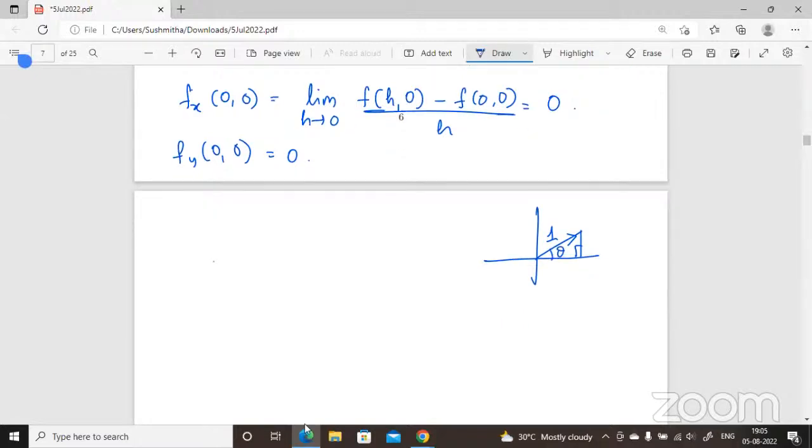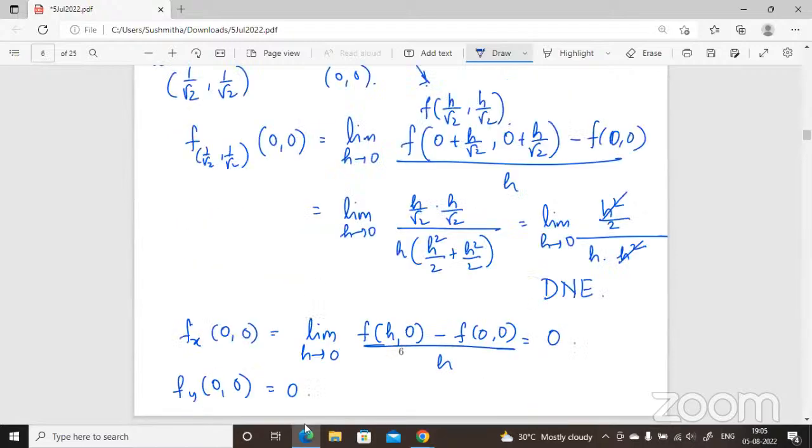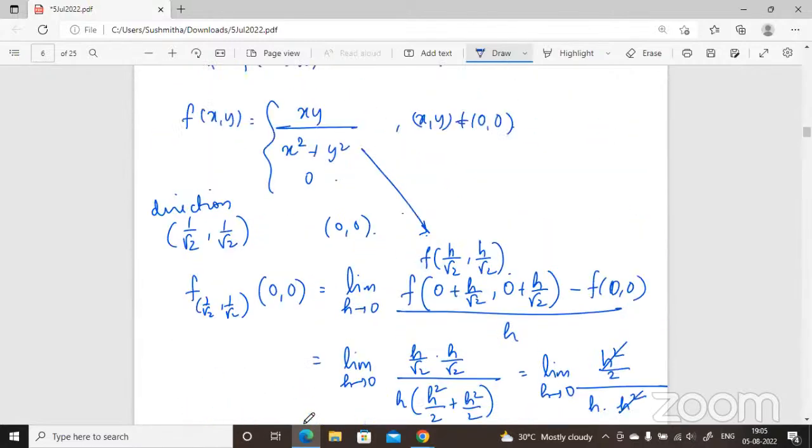Madam, on limits, I have a question. If the function is continuous and the value everywhere, whichever way you approach, is 0, the function is still continuous, right? Like in the previous problem, we had xy by x square plus y square, but instead some function which, if I approach 0, comes to 0.